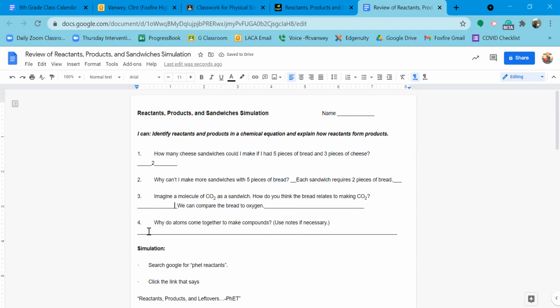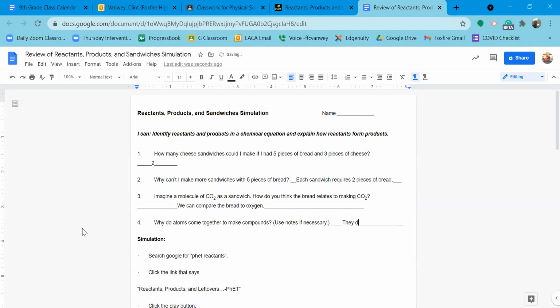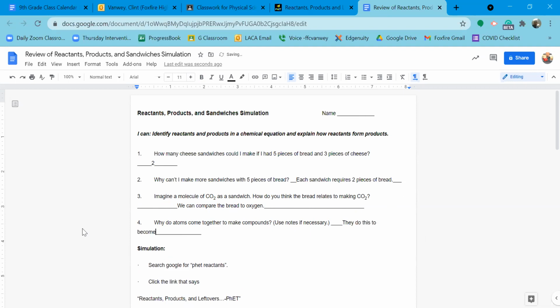So we look back at our notes. This is an important question. Why do atoms come together to form compounds? Why do atoms hook together to form compounds? They do this to become chemically stable. In other words, to satisfy the octet rule.